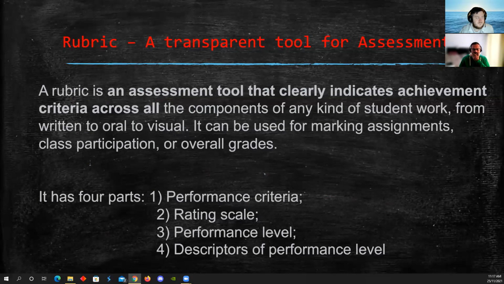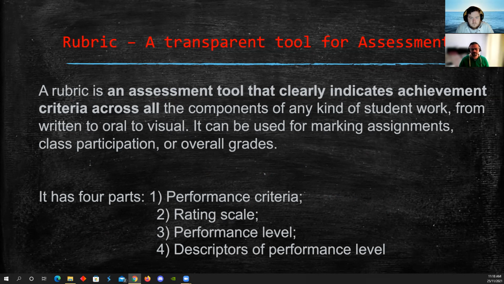A rubric is a very strong tool for both students and teachers, tutors and tutees. You can see on the slide, it's a transparent tool. It means it's open to both students and teachers for any sort of assessment. Basically, it indicates the achievement criteria across all the components.